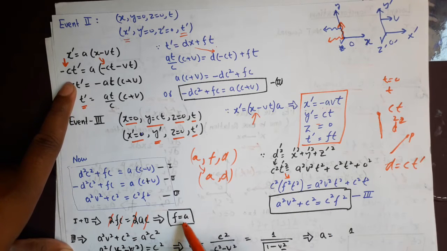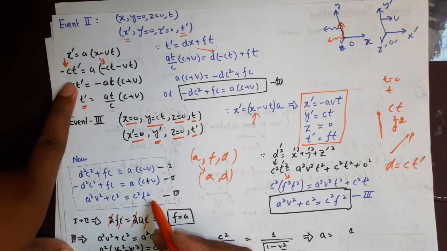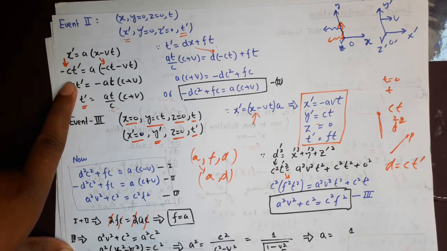If I put the value of f equal to a in this third equation, this gives me a squared v squared as it is, c squared as it is, and then c squared as it is, and in the place of f squared I can put a squared. Simplifying this, I can rearrange it.